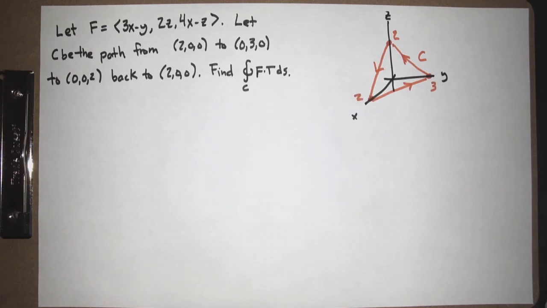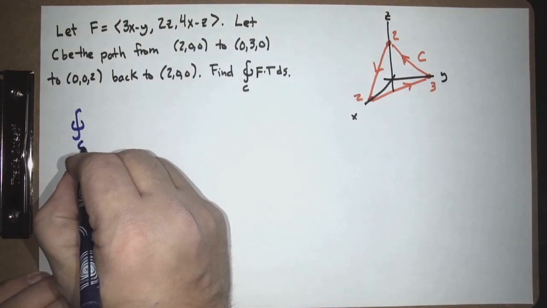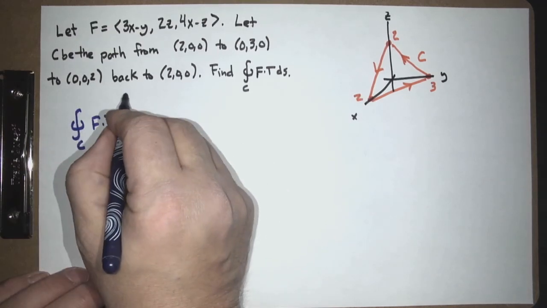So here, what's our tool? Well, we can use Stokes Theorem and say, I can think of this integral along this curve of F dot T ds. So this is our Stokes.